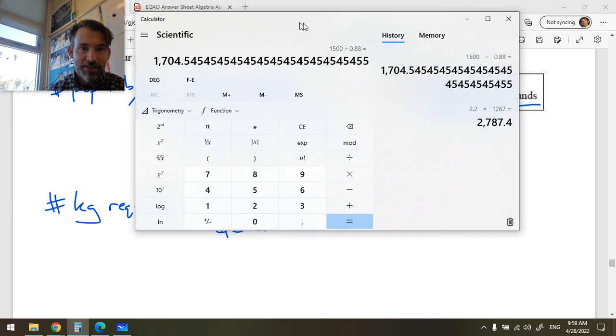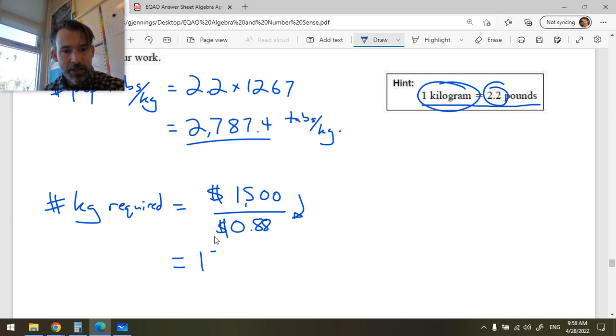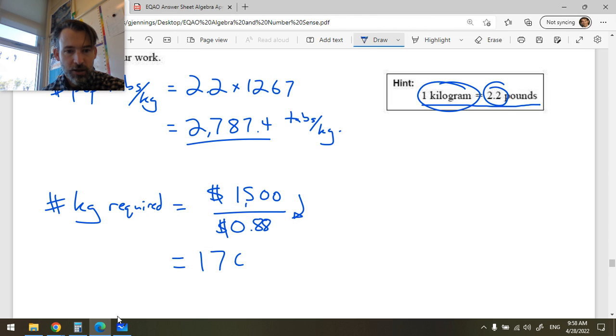They need to gather 1,704.545454 kilograms of pop tabs. So they need 1,704.5 kilograms.